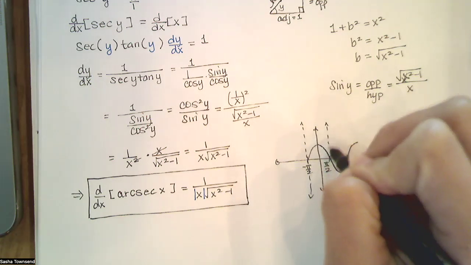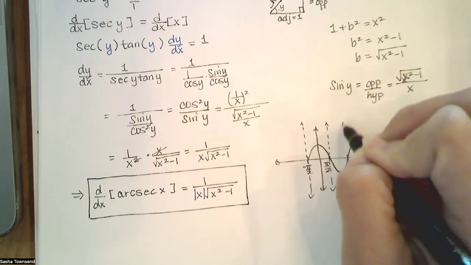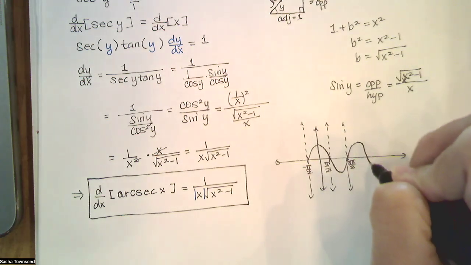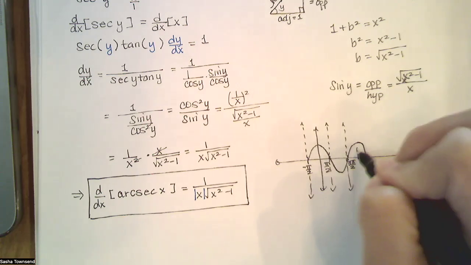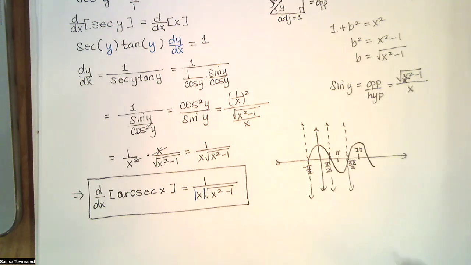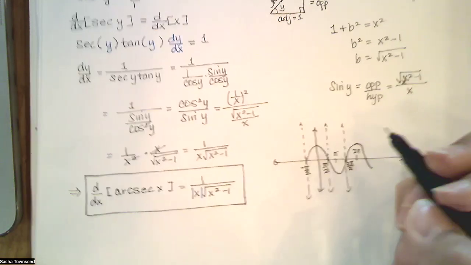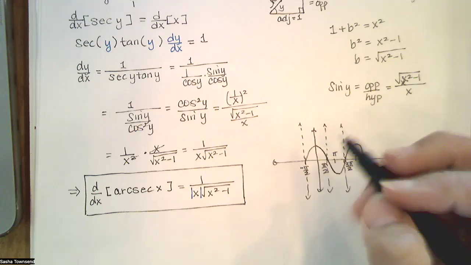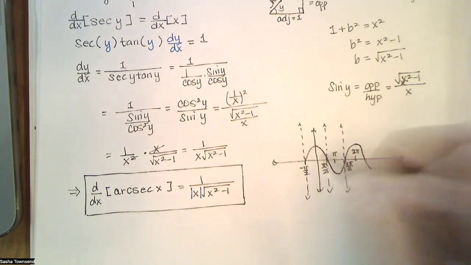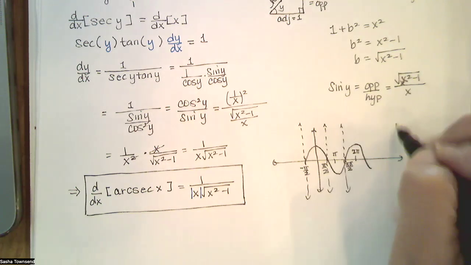So every time that cosine is 0, our secant has asymptotes.